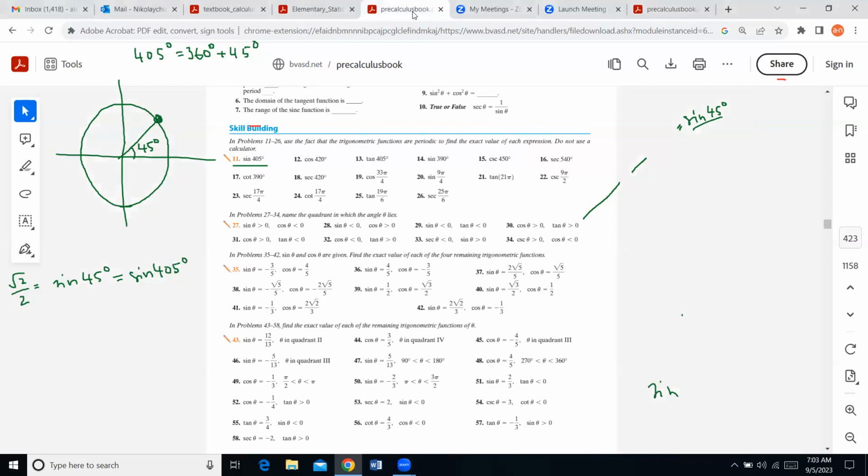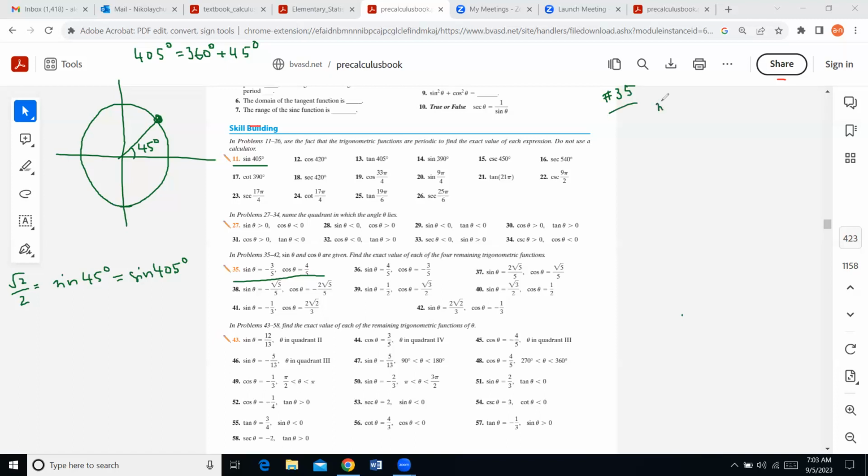More of these. Let us try an exercise from another group, say number 35. Now it's not from this circle; it's slightly different numbers, but that's okay. We can utilize these to find all trig functions.